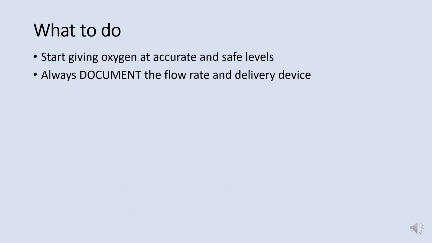It's important to always document the flow rate and delivery device. Like I told you, don't just prescribe oxygen by writing the word oxygen and leave it hanging like that. When you're prescribing oxygen, you must say oxygen by what gadget or what device, at what flow rate, for how long, when should the child be observed or monitored, how is the monitoring going to be done. So you must document all these things.